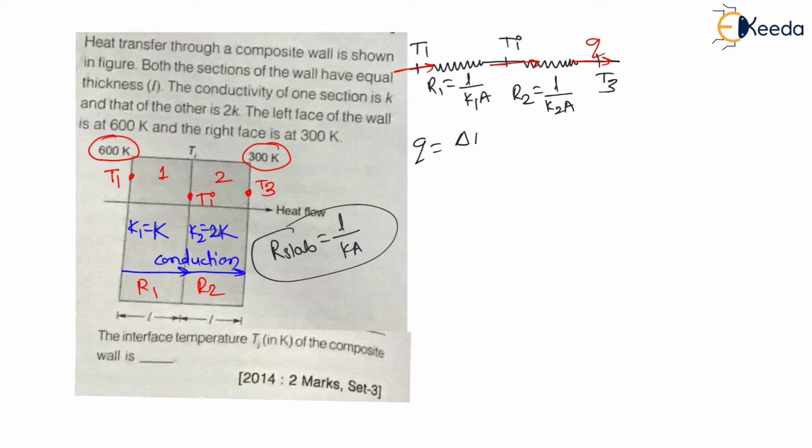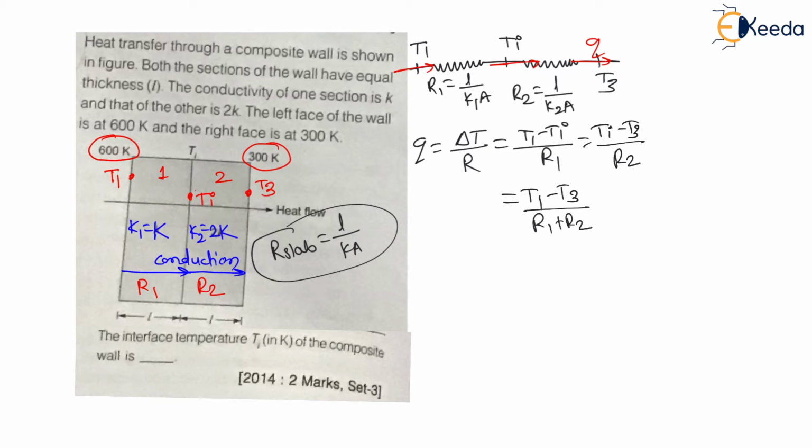Q is equal to change in temperature delta T divided by resistance. If I consider the temperature change between T1 and Ti, then I have to write R1, because between T1 and Ti there is resistance R1 only. If I write Ti to T3, then the resistance will be R2, and if I write T1 to T3, then the resistance is R1 plus R2.